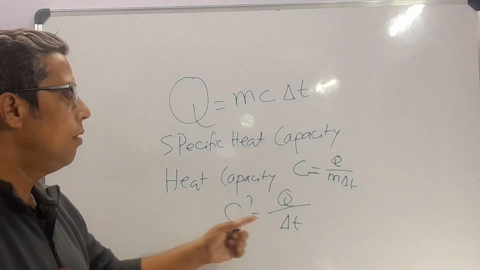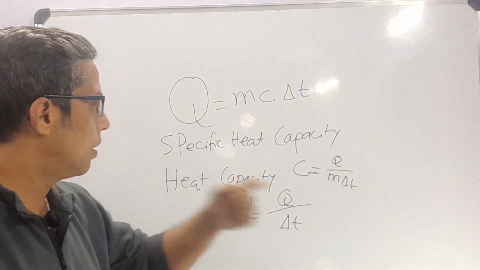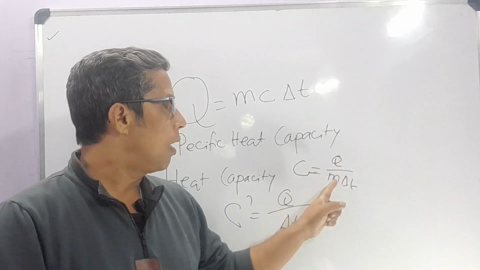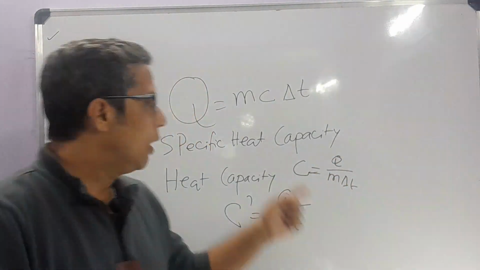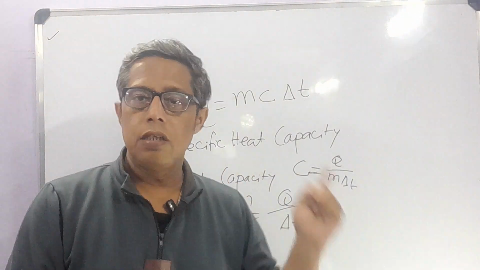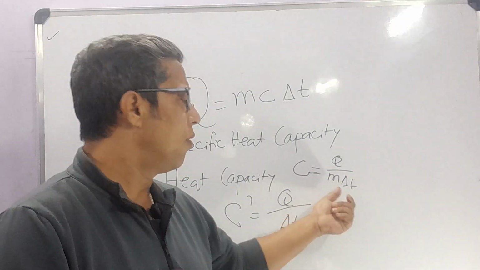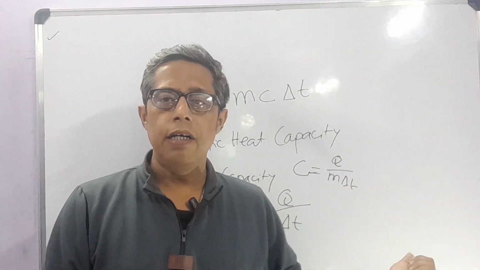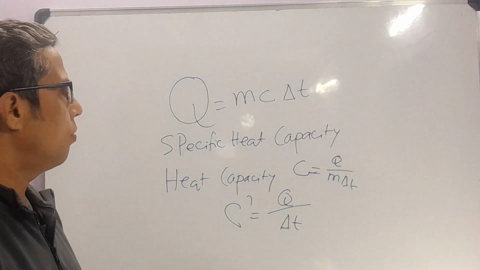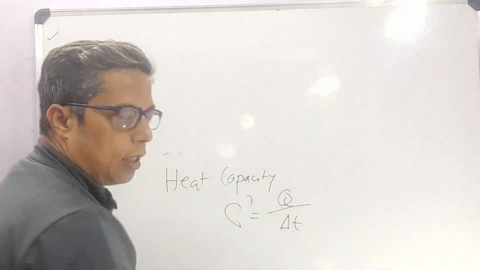Accordingly, the unit of Q, which is energy, is joule. So specific heat capacity is joule per kg per Kelvin or per degree centigrade: per kg for mass, and per Kelvin or per degree centigrade for temperature. This way you can remember the units of specific heat. Let me show you a derivation which will be really helpful.